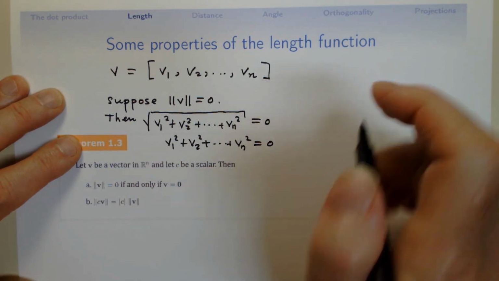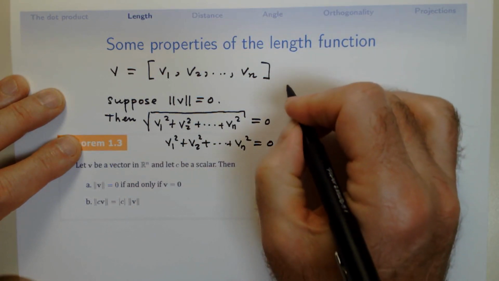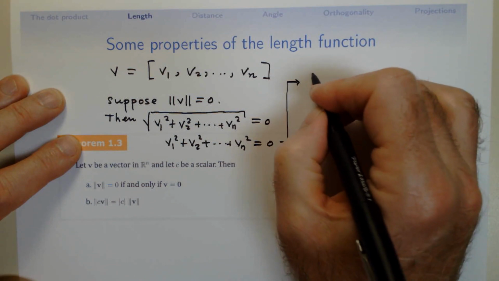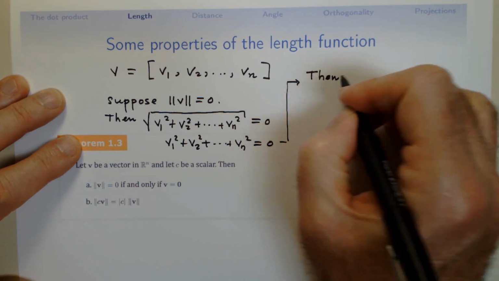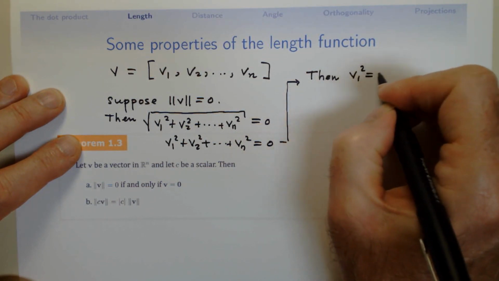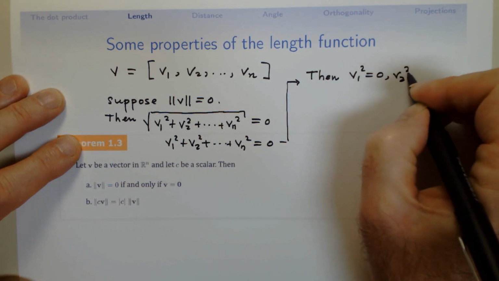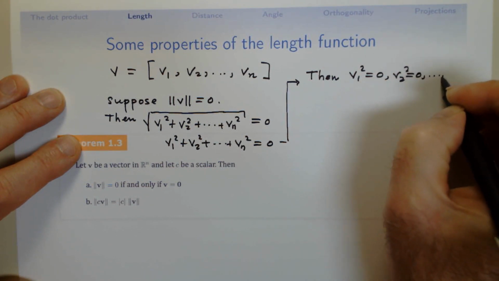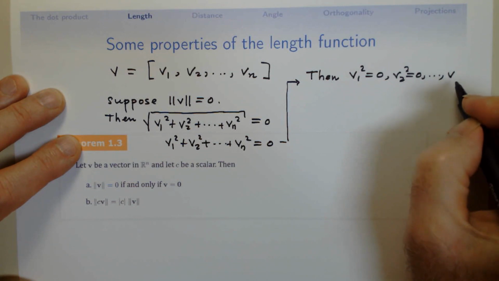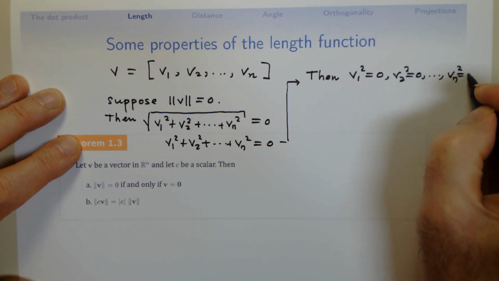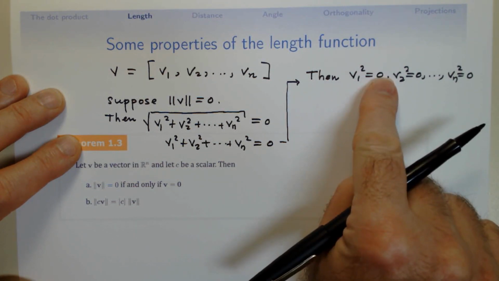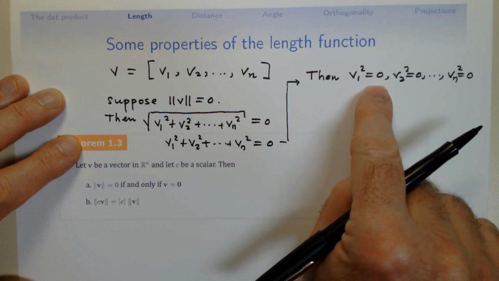I'm going to continue the argument up here. Then v1 squared is equal to 0. v2 squared is equal to 0. On out to v sub n squared is equal to 0. Well, the only way v1 squared can equal 0 is if v1 is equal to 0.